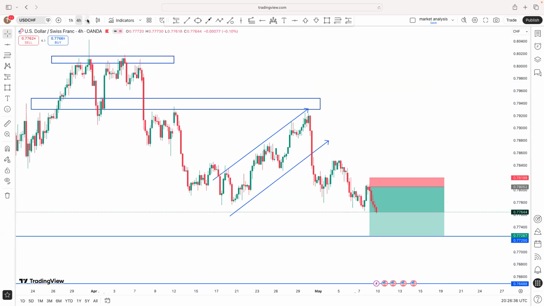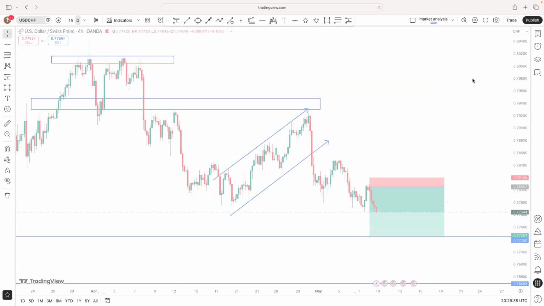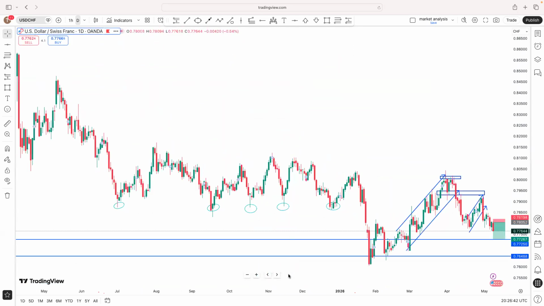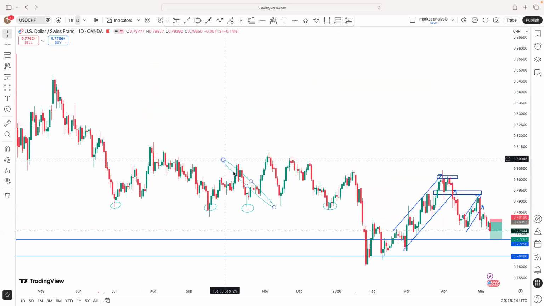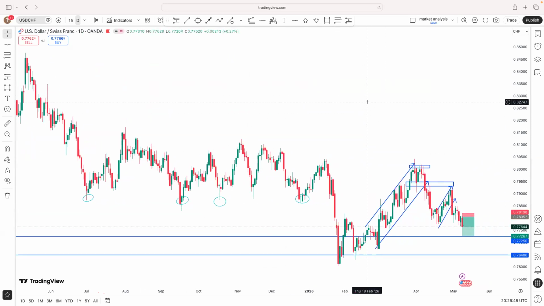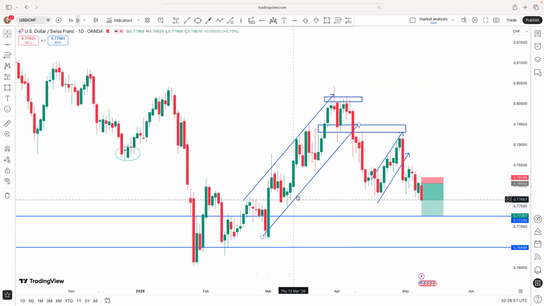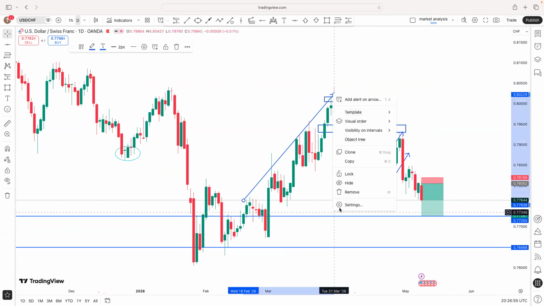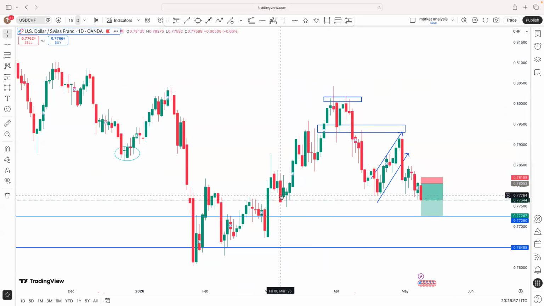Okay. I want to quickly check something on the daily time frame. Let's see what we've got on the daily time frame. There's something that I noticed on the daily time frame that I want us to look at.